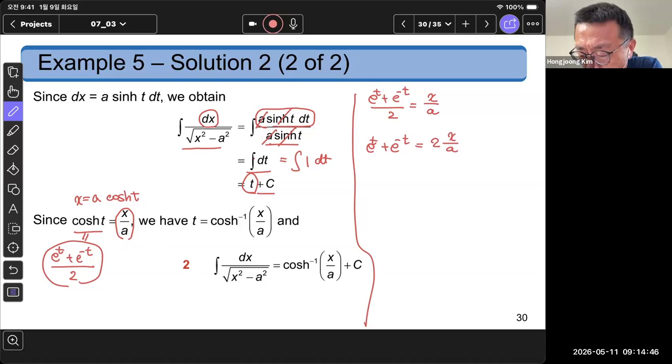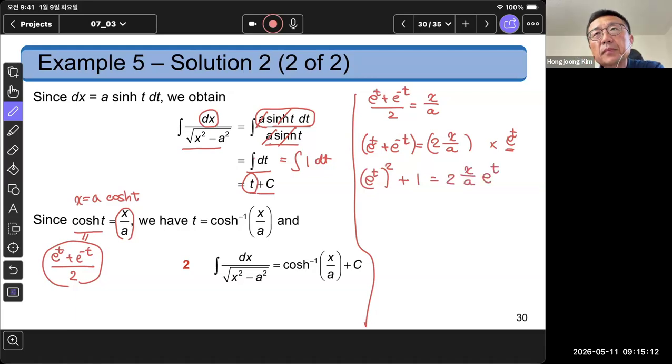Okay. Now let me multiply e to the t to both sides of the equation. Then when e to the t is multiplied to the left hand side, you get e to the t squared plus 1 equals 2 times x over a times e to the t.